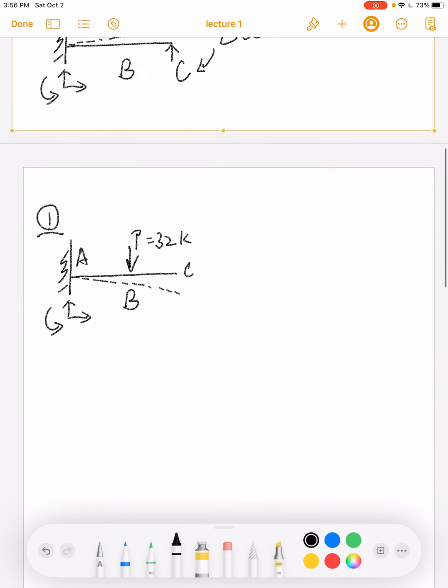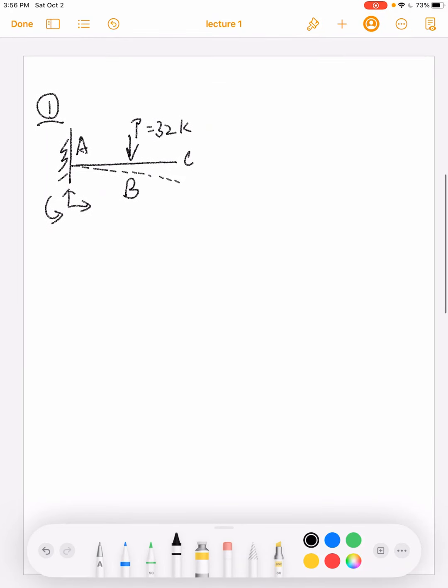Right, so let's first look at what will happen when we have an external force but no reaction at point C. So this is a statically determinate structure. We can calculate all the reactions first. So AX is 0, AY is 32 kips, and MA will be 320 kip-feet.